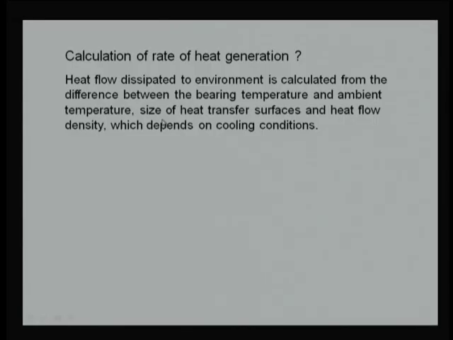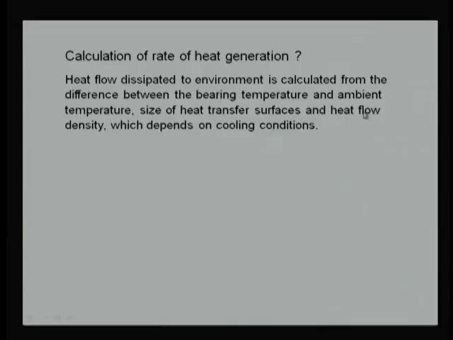Coming to the heat dissipation, we can make some sort of assumption. If we know the ambient temperature, what we are looking for is the temperature increase, the temperature difference. For that purpose, what we require is how much heat can be dissipated from the surface. That means we require more or less the surface dimensions. We require the length, we require the peripheral dimension, which is the circumference of the bearing.